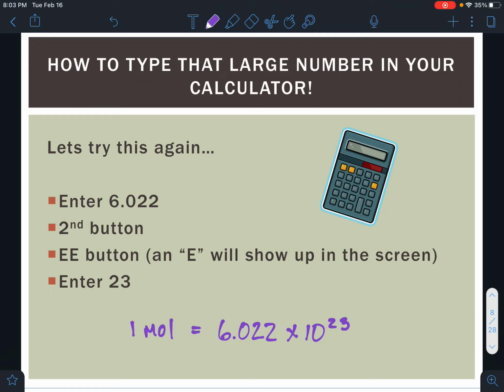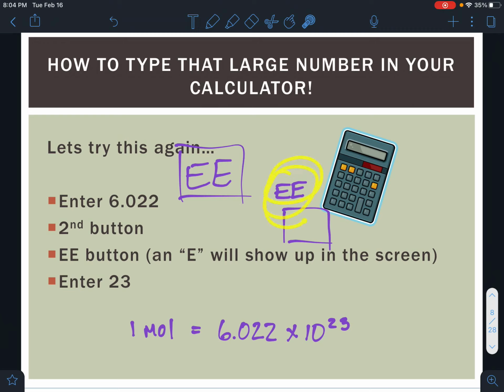And then you want to find a button that either has an EE on it, or it might be off to the side behind the button. On my calculator, the button above my number 7 has an X with a -1 on it, but in the background it has that capital E, capital E.